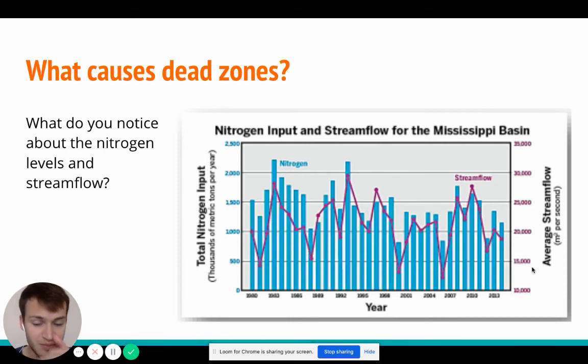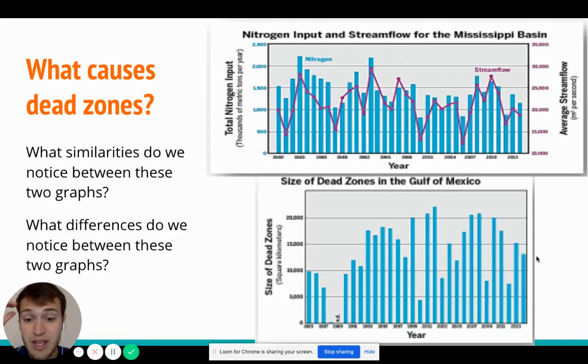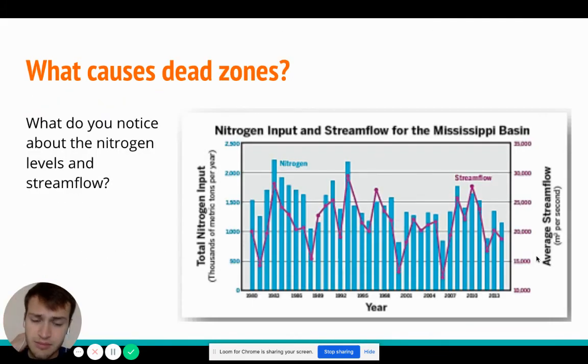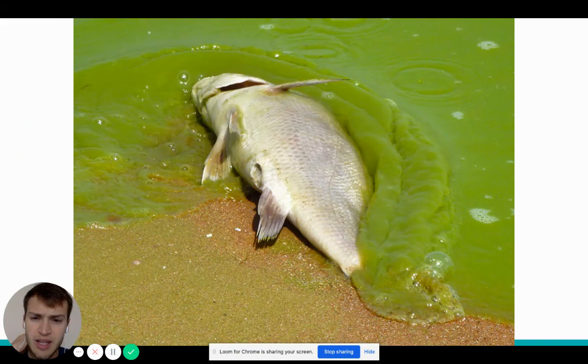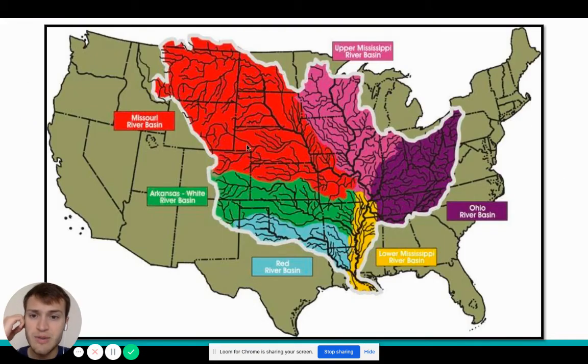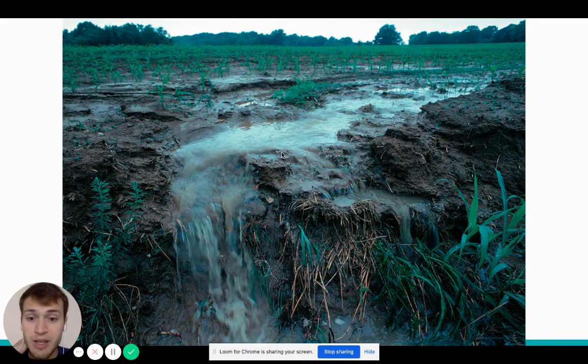That's because stream flow measures how much water is coming through the Mississippi River, how much volume of water. And when it rains really hard, we're going to pick up a lot of nitrogen, but we're also going to have a lot of water.